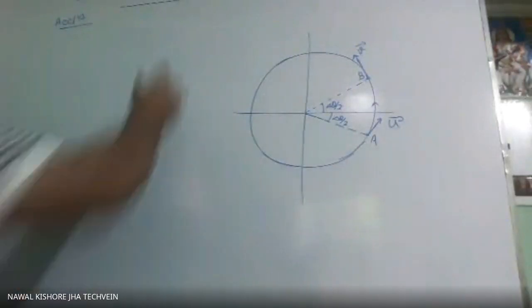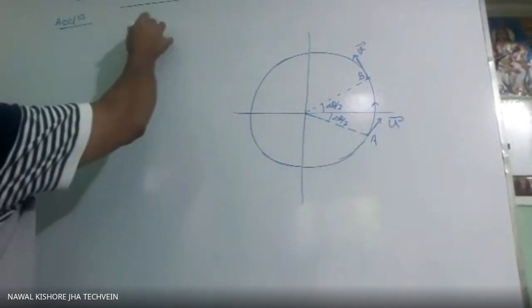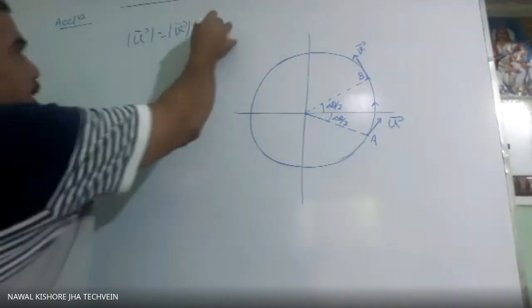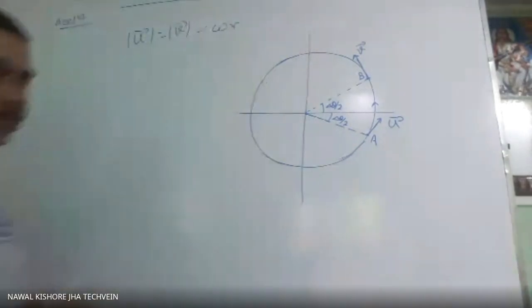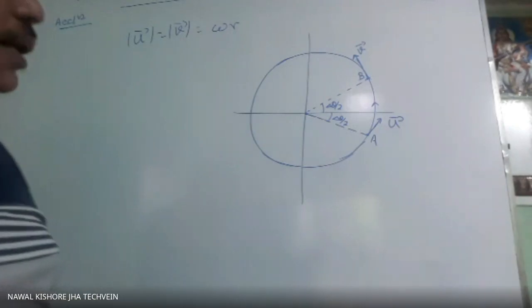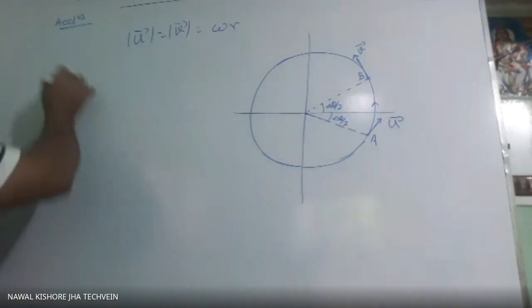The magnitude of u and the magnitude of v are the same, and it is omega r. Only the direction is different. Now, if we want to use the component method, then what will be the change in velocity?